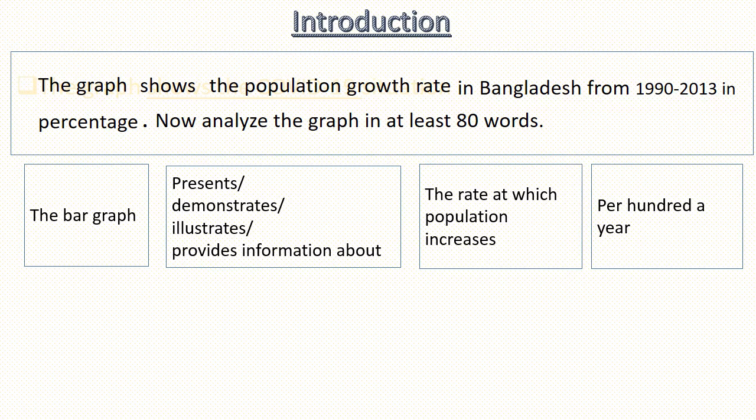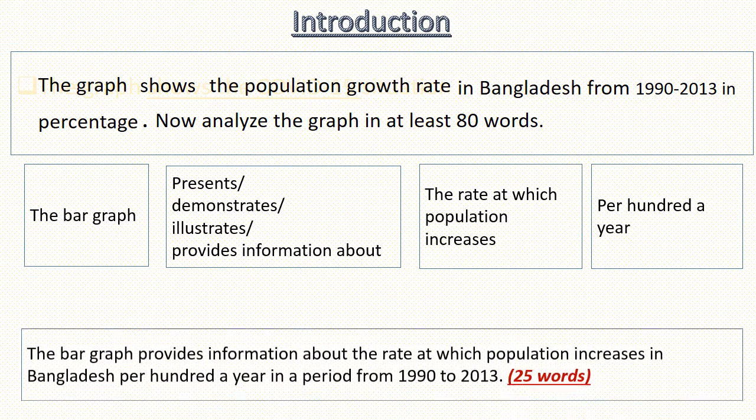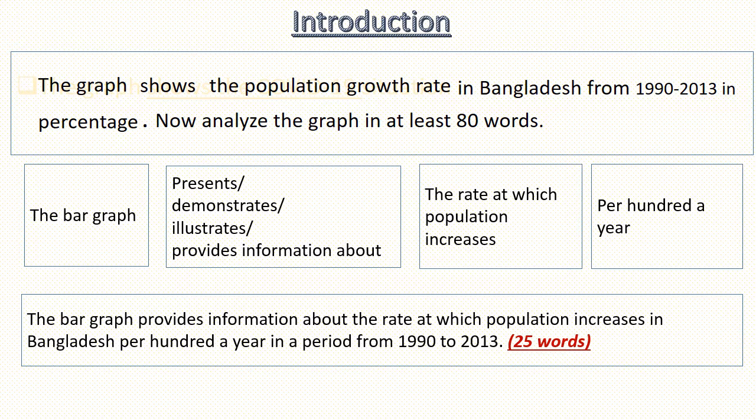So we can write the introduction in this way. The bar graph provides information about the rate at which population increases in Bangladesh per 100 year in a period from 1990 to 2013. And there are 25 words in the introduction.